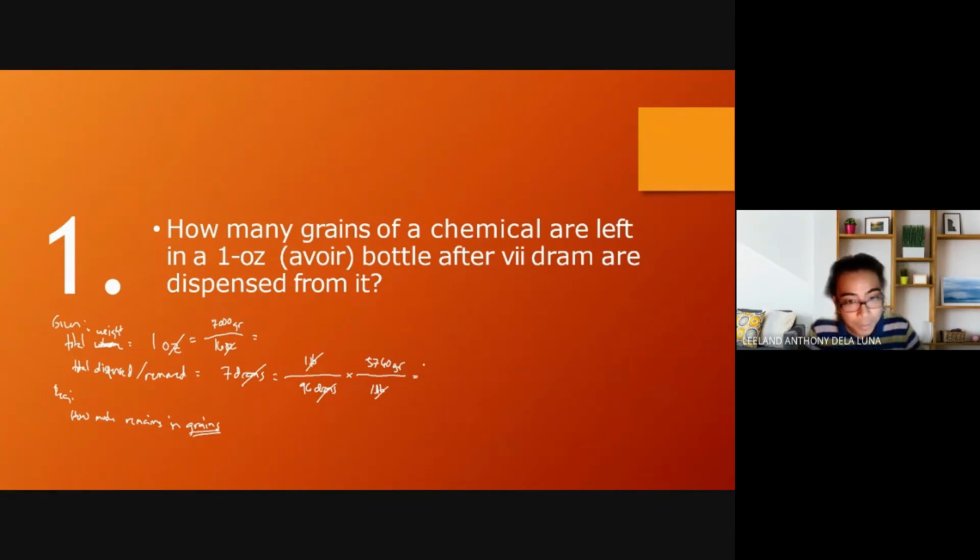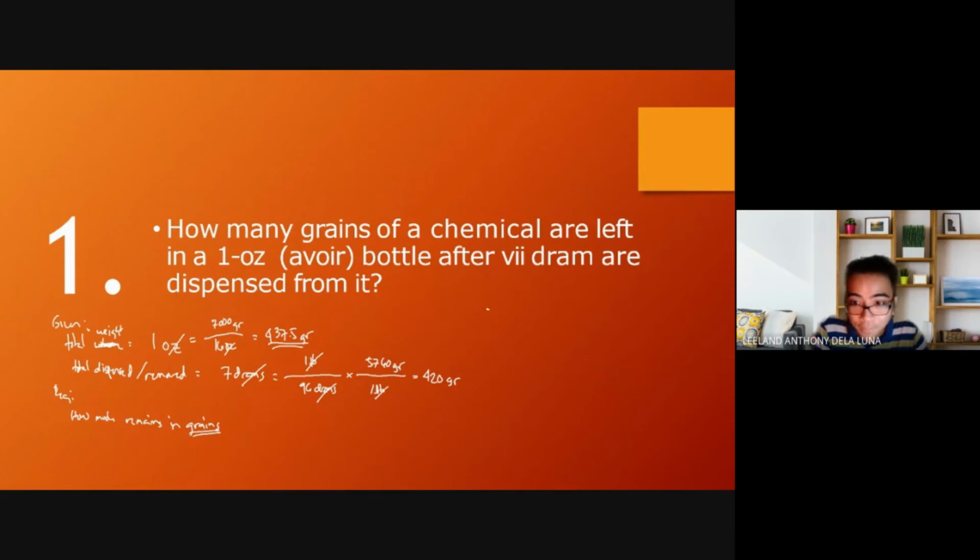Okay? So, 7,000 divided by 16 is equal to 437.5 grains. Ang total dispense would be, okay, 7 divided by 96 times 5,760 equals 420 grains. Okay?